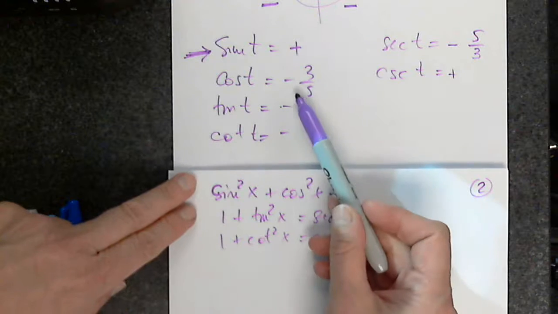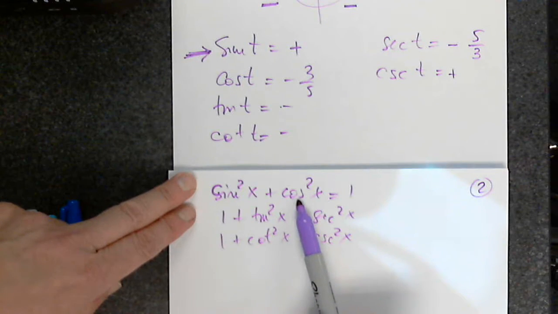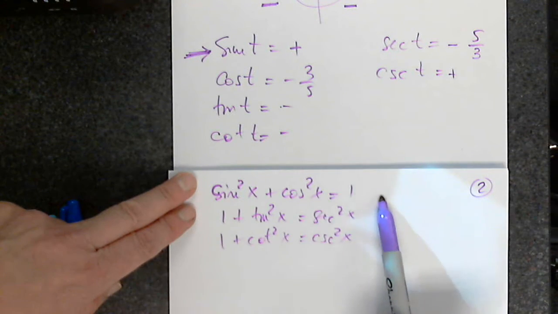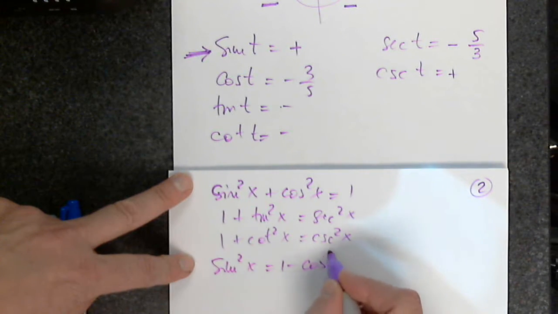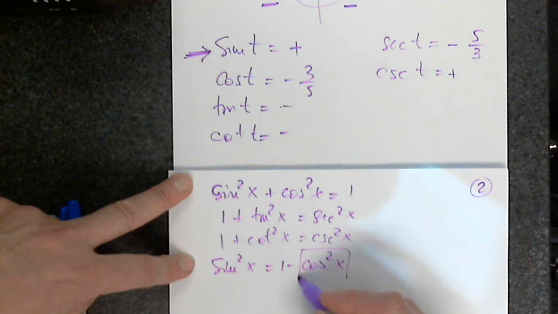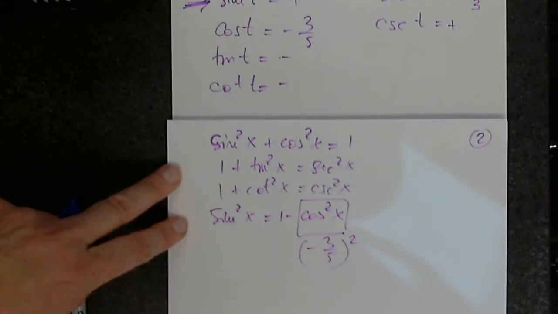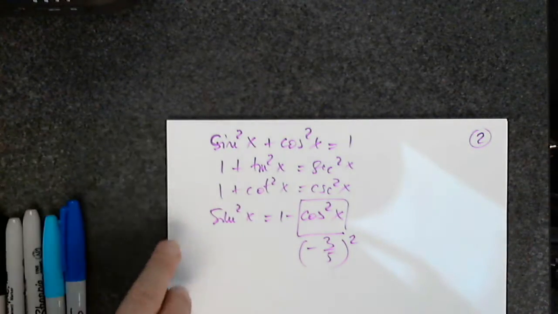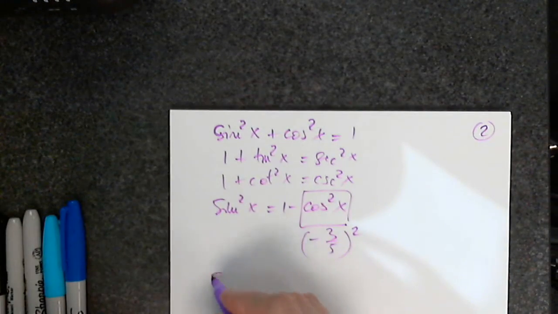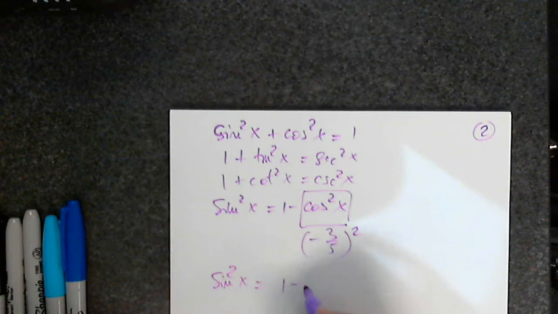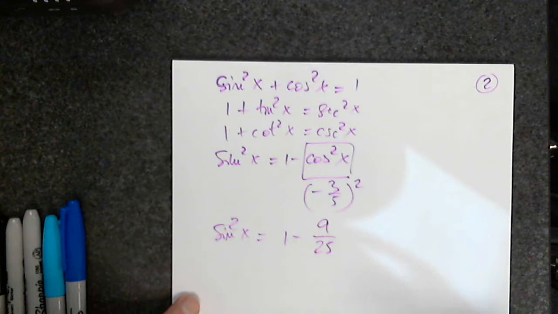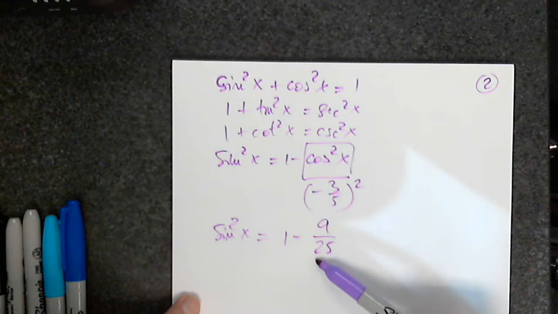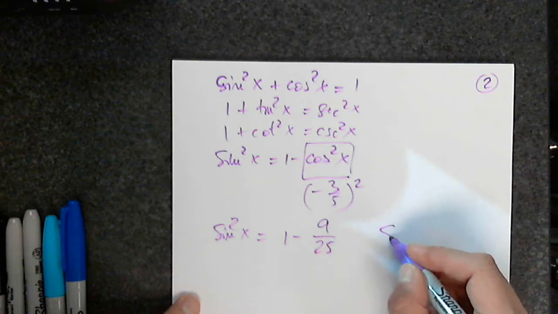So if I have cosine, I can plug it in here and find sine. First I will subtract. So I have sine squared equals 1 minus cosine squared. And I will replace this by negative 3/5 squared. So I will get sine squared equals 1 minus 9 over 25. 25 over 25 minus 9 over 25 is 16 over 25.